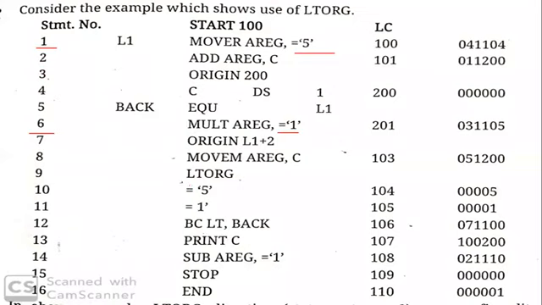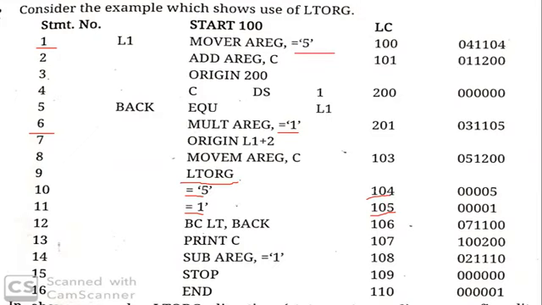After that, we have the LTORG statement. When the LTORG statement is identified, the literals are immediately processed. That is, =5 is given memory address 104, and =1 is given memory address 105. These values are added immediately to the given literal table, or literal pool.